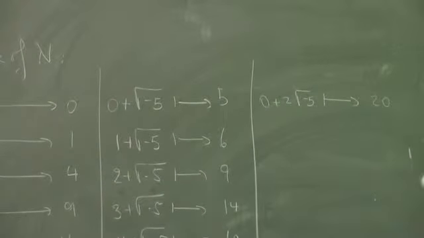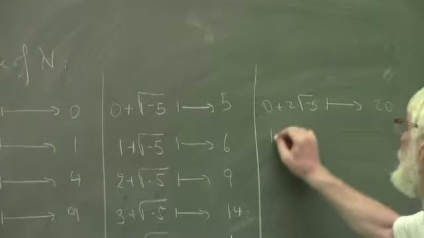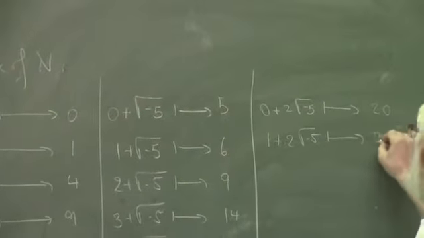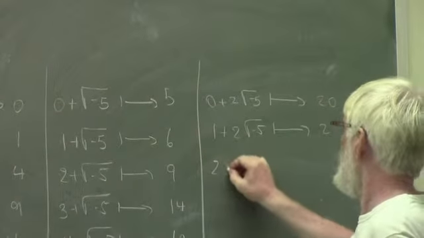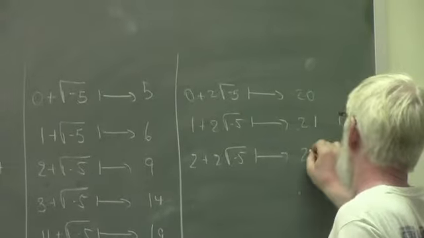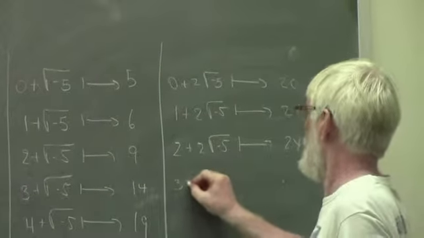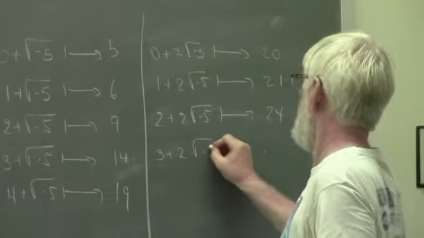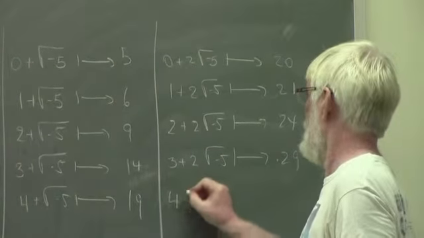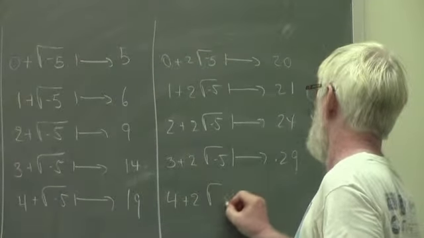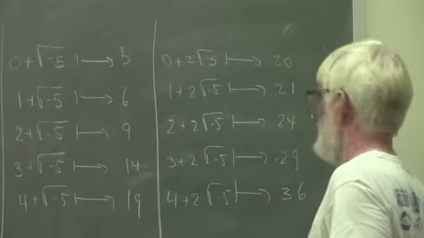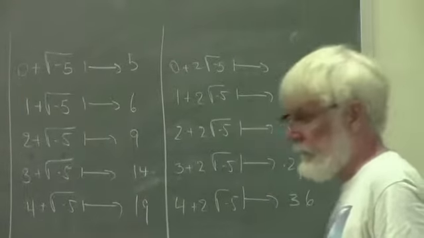So you're going to do 1 plus 2 root negative 5. 1 plus... 29. And so on, right? Yeah.